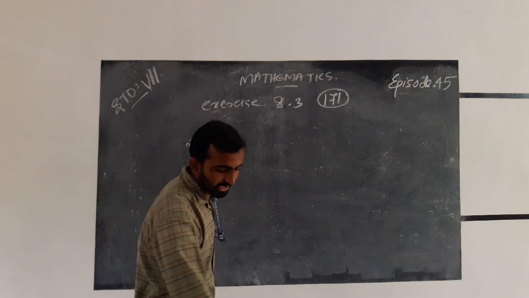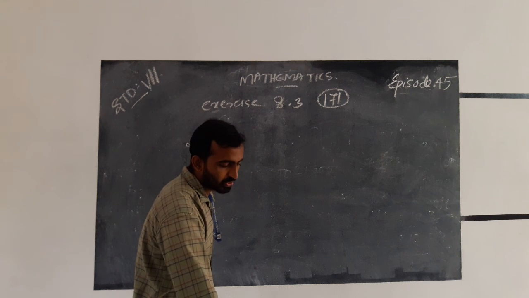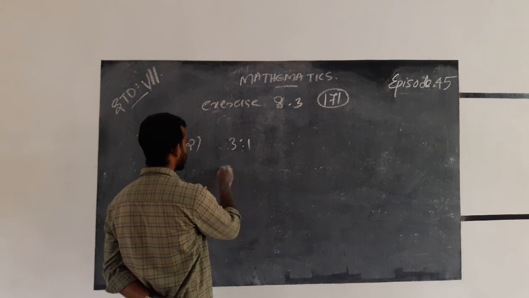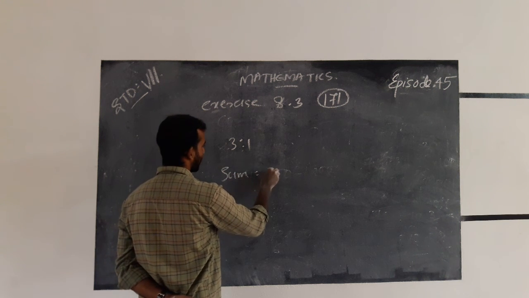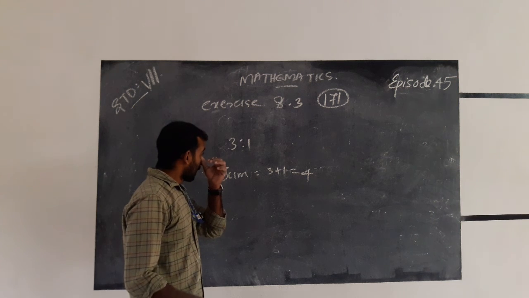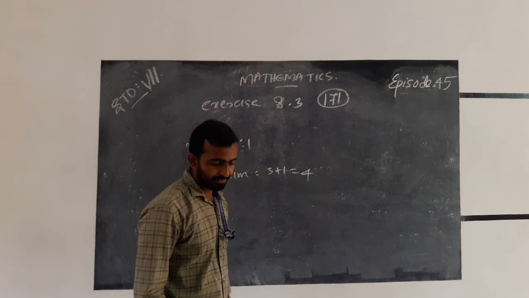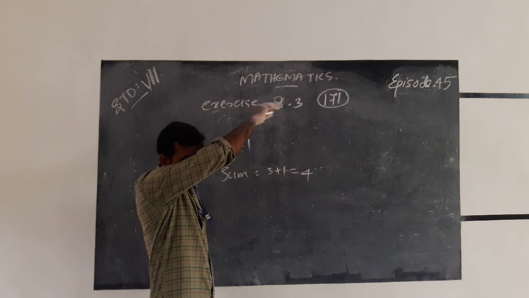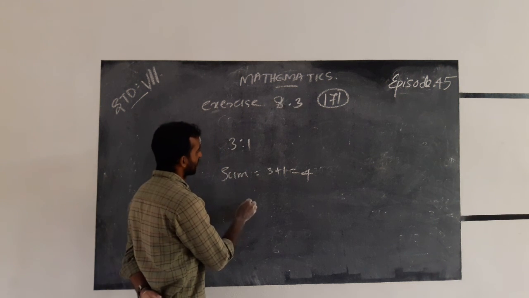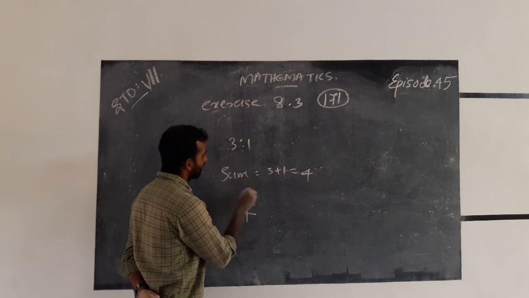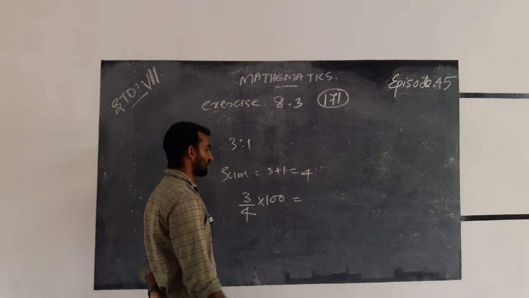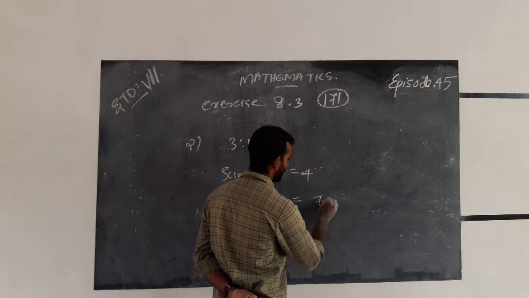First one is 3:1. The sum is 3 plus 1, we get 4. The first part of the ratio is 3 by 4 into 100, we get 75 percentage.